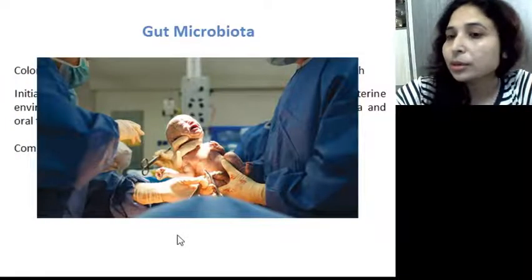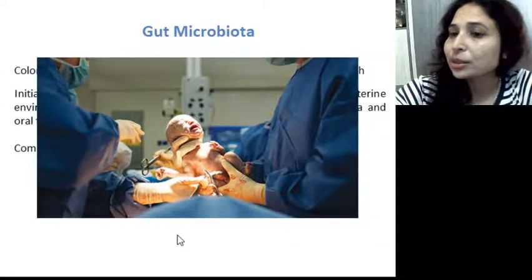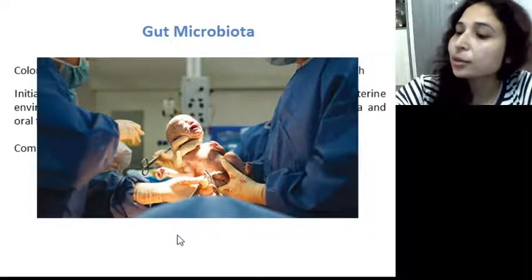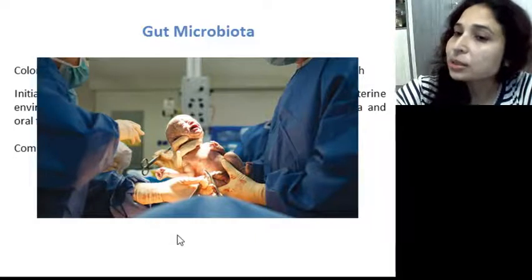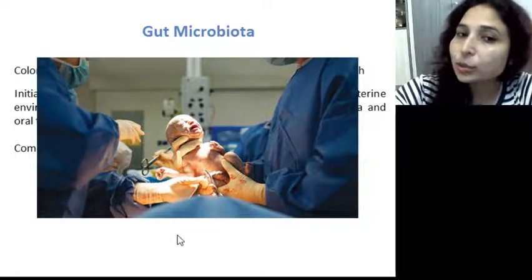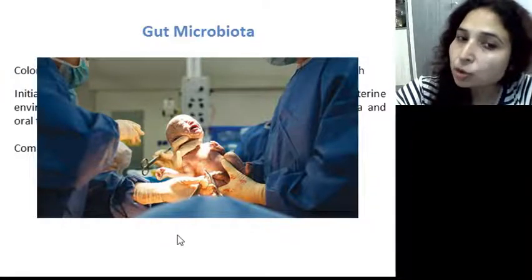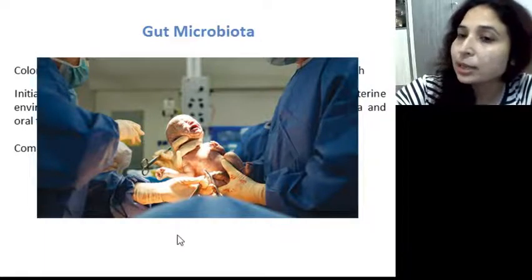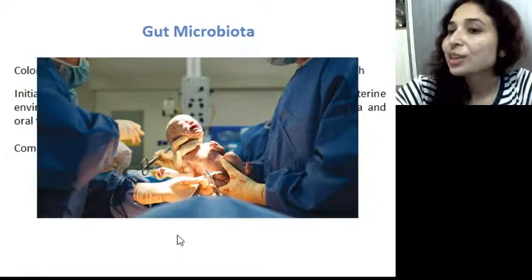So since birth, the microbes start colonizing in our intestine, and not only since birth, but since a child is in the uterus, and then after birth this process again starts. There are reports showing that a child who is born with a cesarean delivery and a child who is born with a normal delivery have different compositions of the gut microbiota.